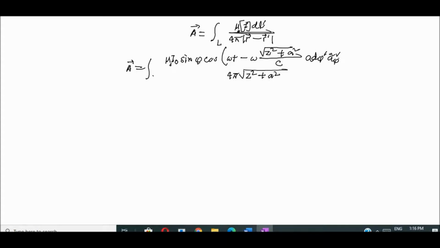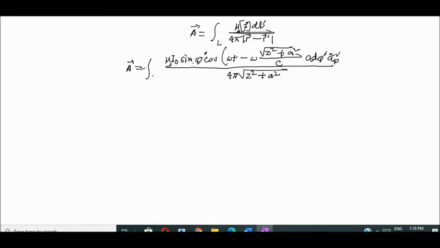If you want to put a phi prime, you can do that. If you want to skip it, you can also skip this. But if you put a phi prime, don't forget to put the prime here too, sine phi prime. So this prime is basically optional. It refers to the source.